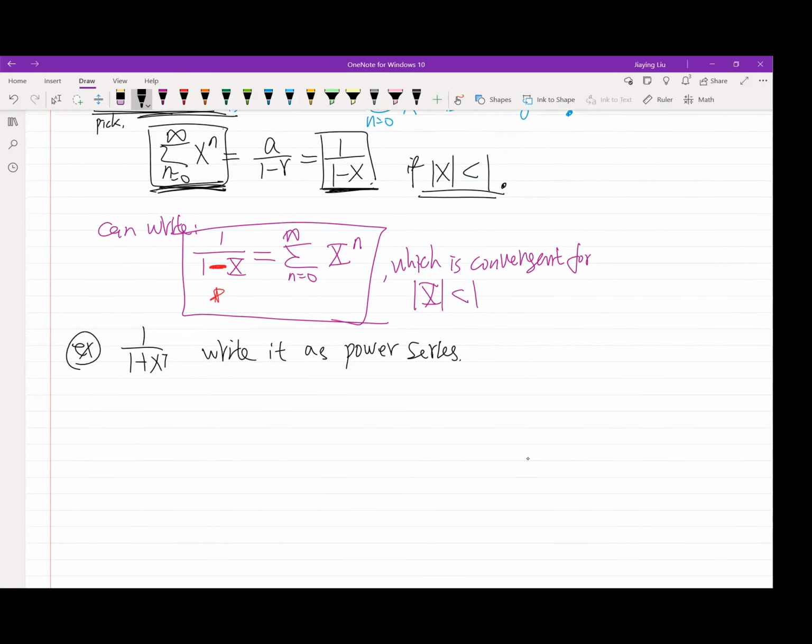So what we're going to do is take this expression that I'm looking for as a power series and write it as 1 over 1 minus negative x to the 7th power. That's the first step. You turn it into a subtraction, 1 minus some term in the denominator that will look similar to the part that's given.